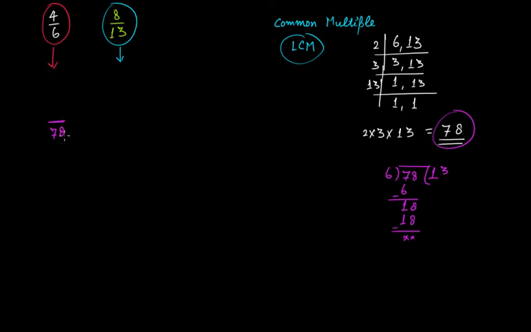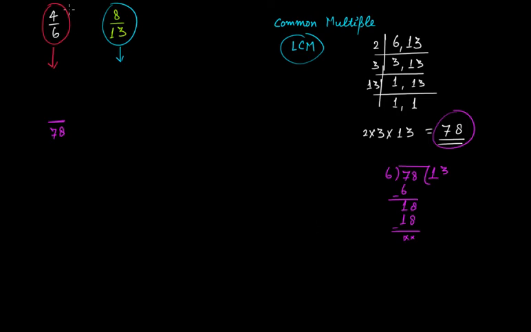Now remember, when you make equivalent fractions, you multiply the numerator and denominator by the same number.